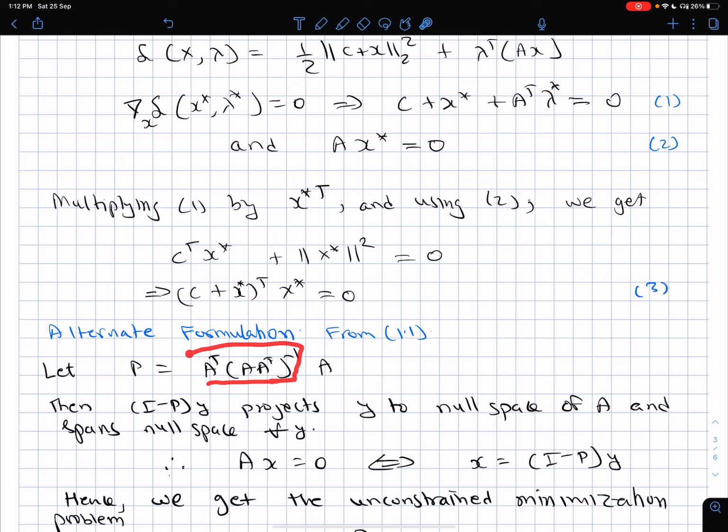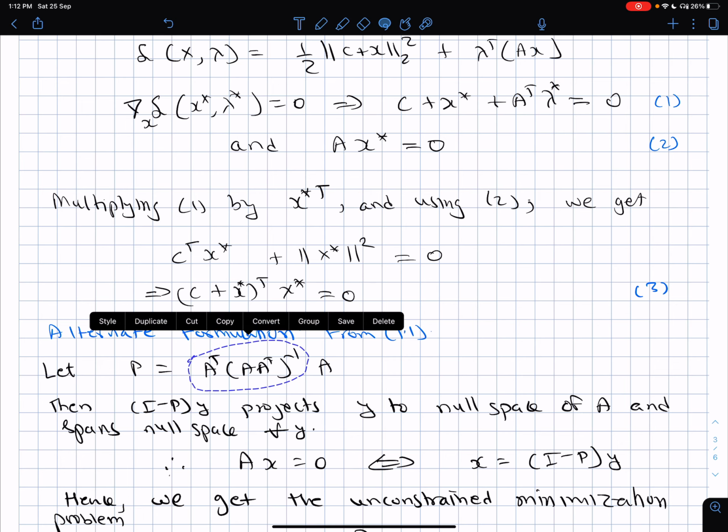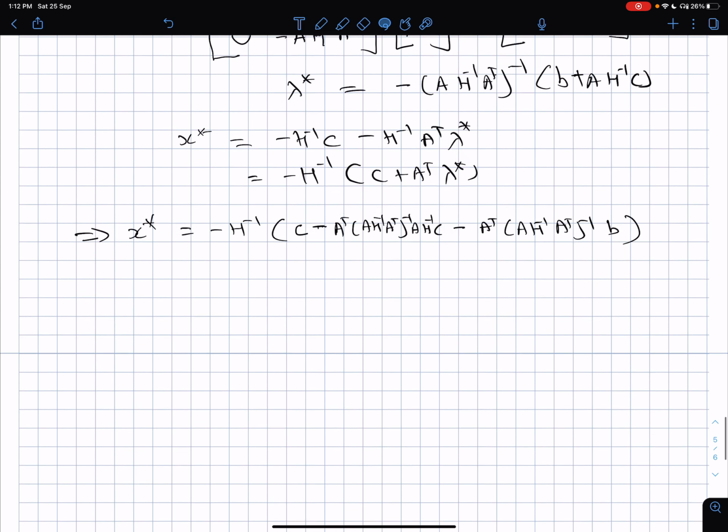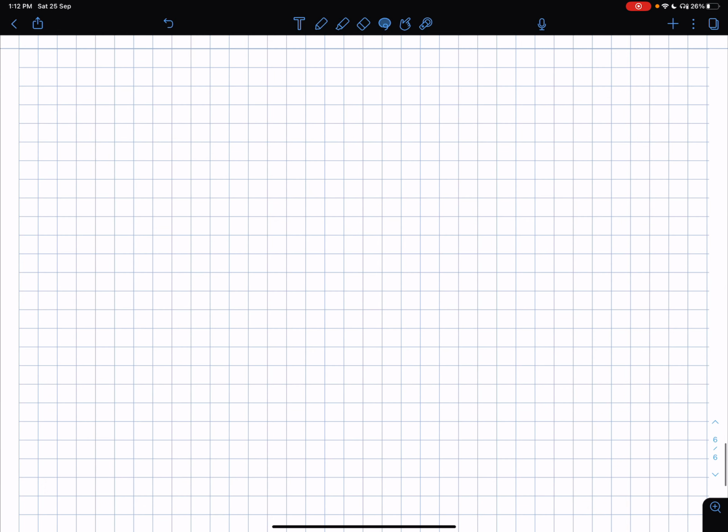Incidentally, this matrix here, let me go down and do some rough work.